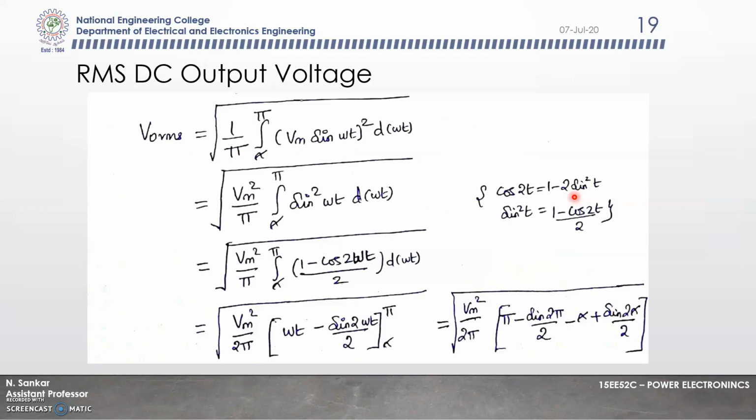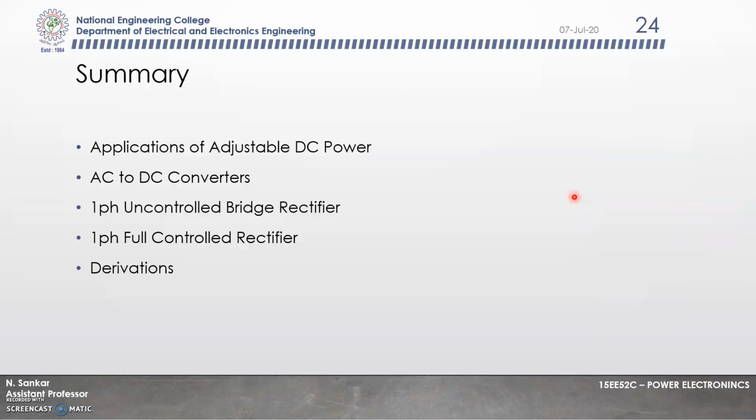So these are the things we have covered in today's lecture. We started with the application of variable DC power, and then what an AC to DC converter is and what the types are, that is controlled and uncontrolled. We saw the operation of the uncontrolled bridge rectifier, mainly focused on single phase, with R load, that is resistive load. After that we moved on to the single phase full controlled rectifier, mainly with resistive load.